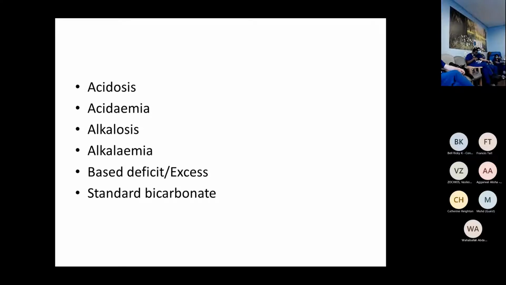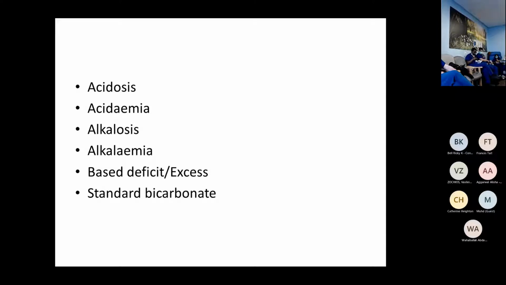Base deficit or excess? What's a base deficit or excess? The first thing to say is they are calculated entities. It's a calculated parameter. What does it actually represent on the blood gas that says the patient's got a base deficit of -7? I guess it reflects the amount of bicarb that you need to add to normalize the pH? Yeah, essentially.